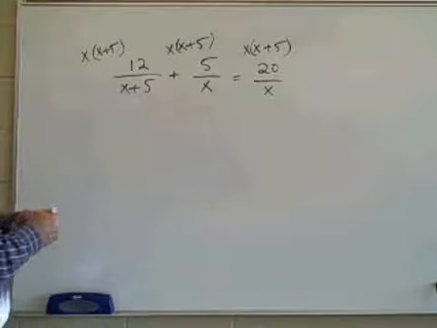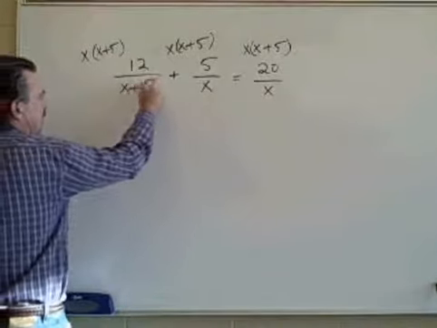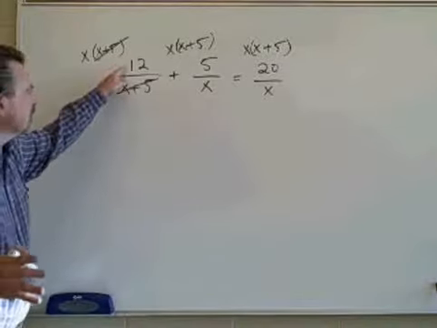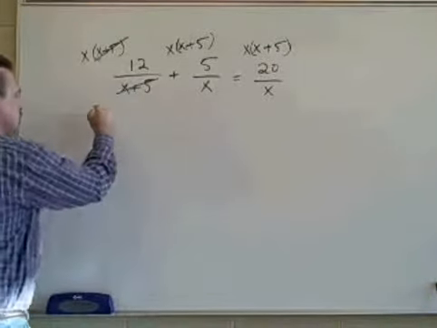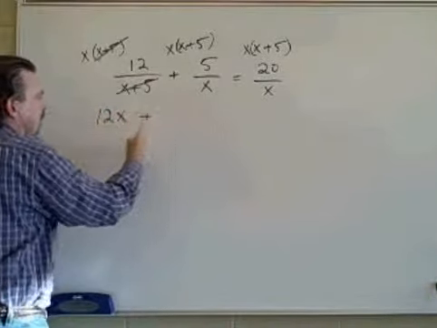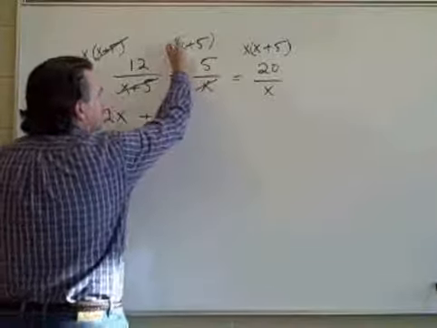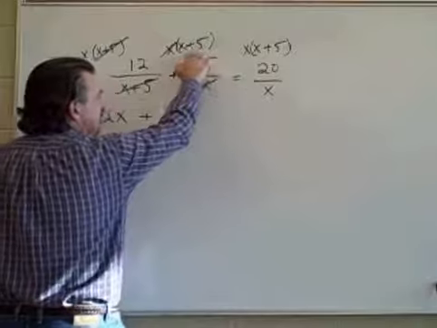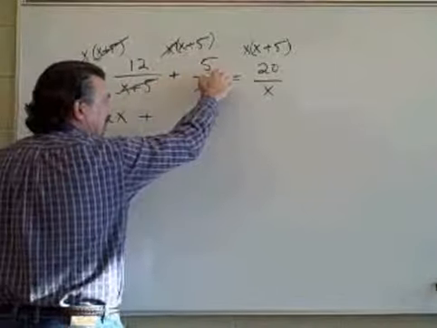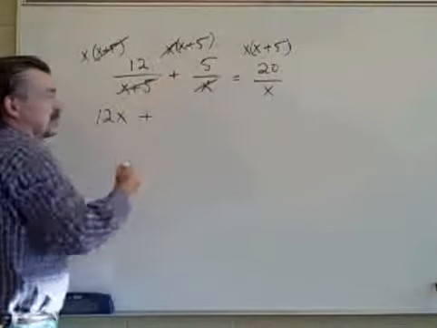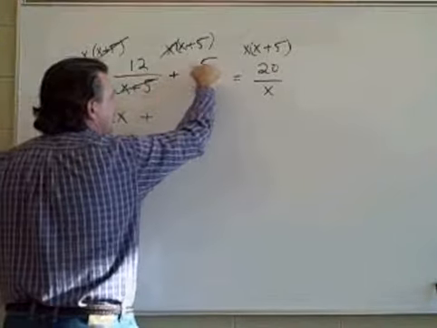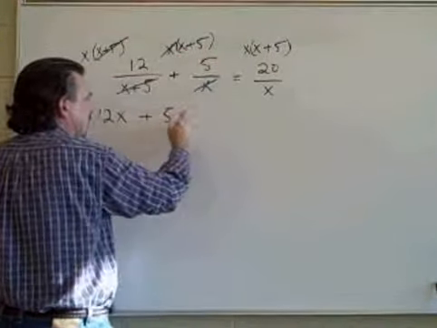Let's see how that's going to work. When I multiply here, the binomials can cancel completely, just leaving me 12 times x, which is 12x. Here, the x factors cancel, leaving me 5 to be multiplied, and it's a plus 5, isn't it? A plus 5 to be multiplied times both those terms of that binomial. So that's plus 5 times x, which is plus 5x.